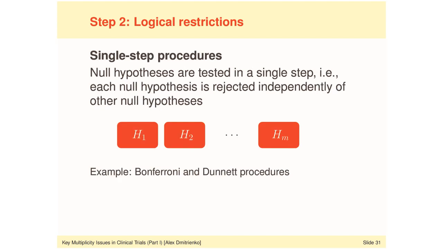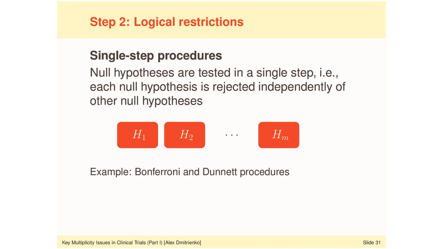But first, we will quickly discuss basic non-stepwise procedures, or single-step procedures. The decision to reject any null hypothesis, in this case, does not depend on decision rules for the other null hypotheses. There is really no testing sequence. Each null hypothesis is rejected independently of the other null hypotheses.